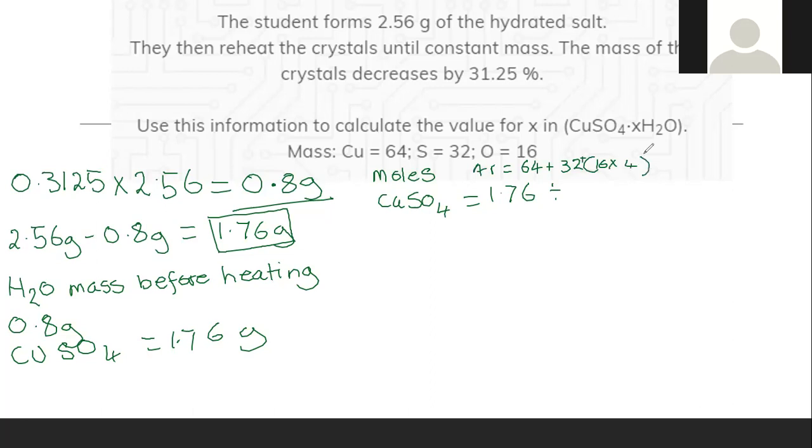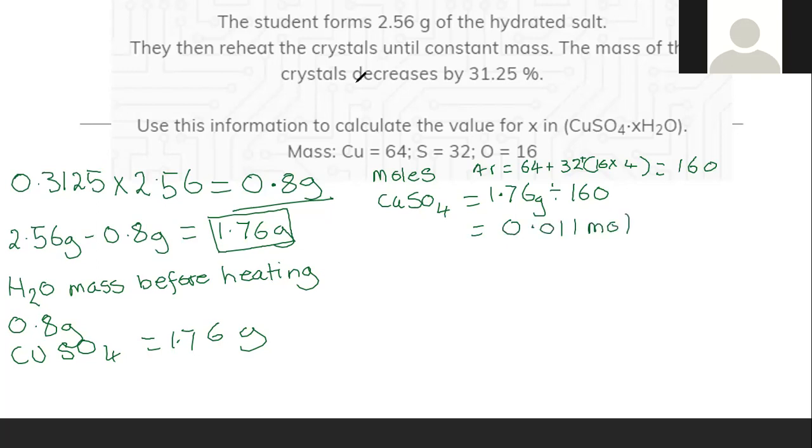Adding them all together gives 160. So our relative molecular mass of copper sulfate is 160. To work out our moles, we do 1.76, our mass, divided by 160, which gives us 0.011 moles.